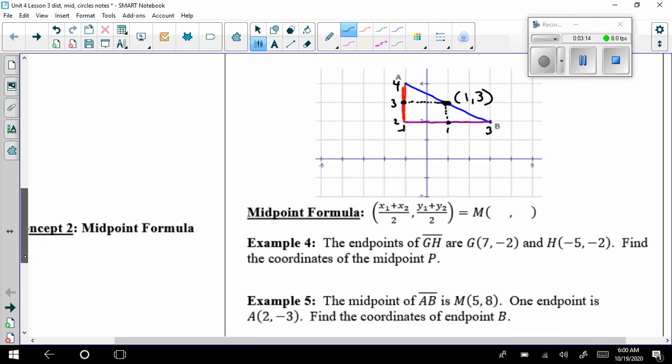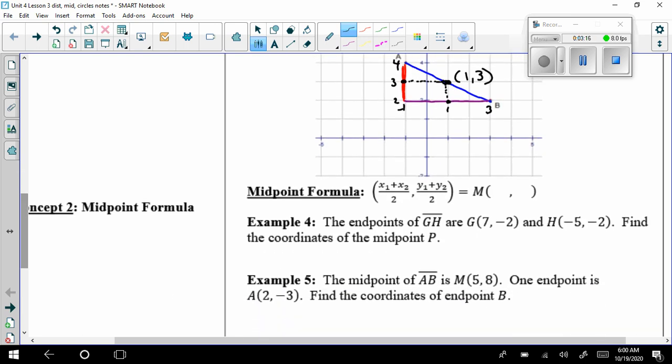And so essentially what I just did instead of counting was use my midpoint formula. You take both of your x's, add them together, divide by 2. That gave me my horizontal shift here. I had 3 plus -1 divided by 2. And then you take your y's and do the same thing, 4 plus 2 divided by 2, and that gives you your center point.